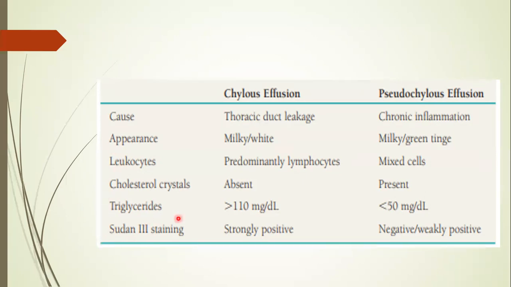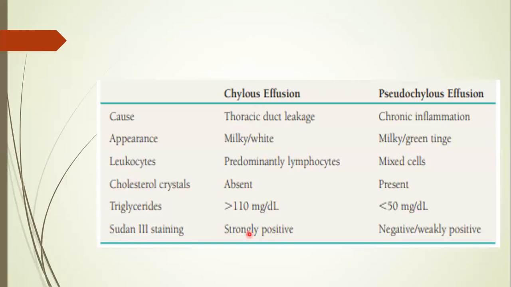Other tests may be used to differentiate chyle from pseudochylous effusion. For example, presence of lymphocytes is predominantly seen in chylous effusion, presence of cholesterol crystals in pseudochyle, and a higher level of triglycerides in chylous effusion.